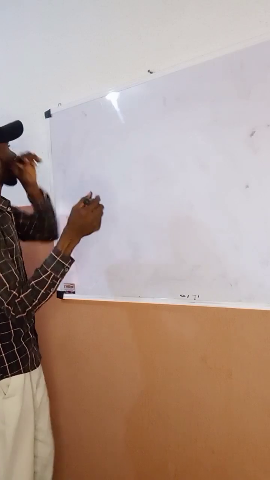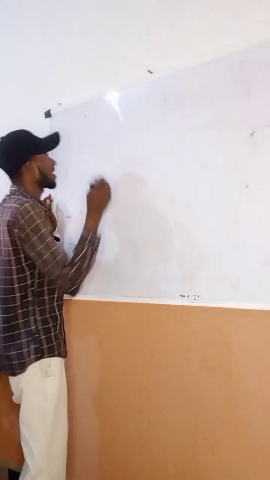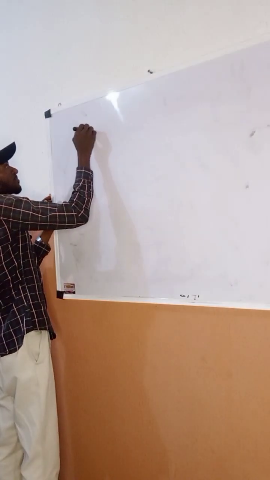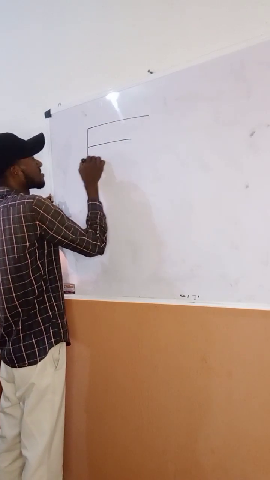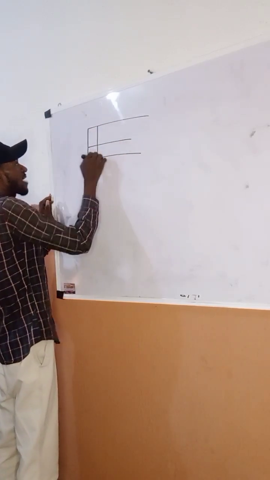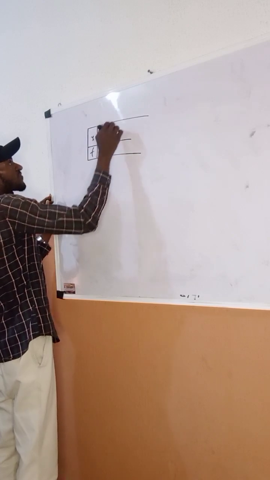Okay, let us say that the example we are going to take is going to occur this way. I have a table like this, and that table says here is my x, here is my f.